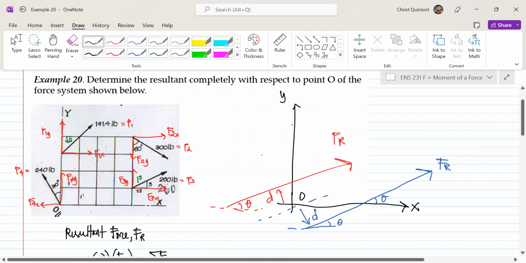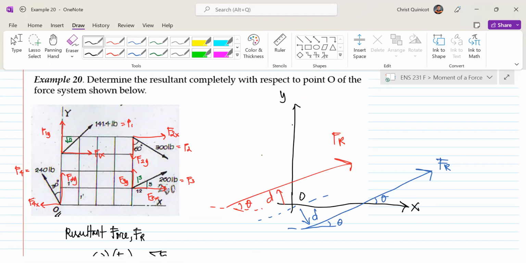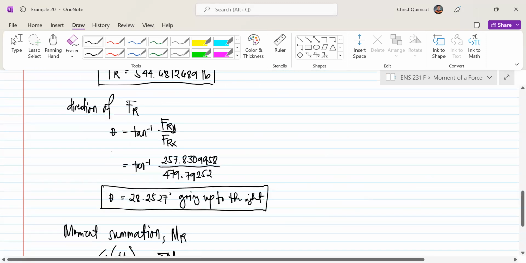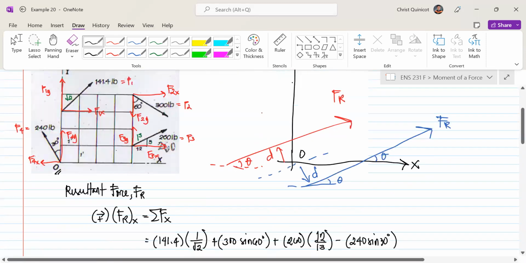So for our F sub 4, which is 240, we will not consider its force because its perpendicular distance is 0. But nevertheless, we will put it to show it. So we start with 1, 2, 3, 4. So we have F sub 1. The only thing that we'll consider is F sub 1x, which follows a clockwise moment.